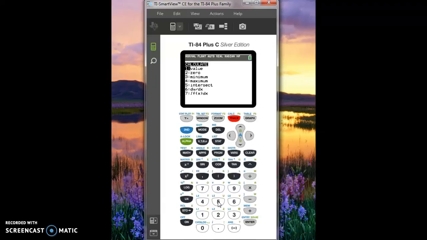So second calc, intersect, and then if you hit enter 3 times now, you're finding that initial height, but we don't care about that. We already know that. We want to know, when does the diver hit 3 meters coming back down on the other side?